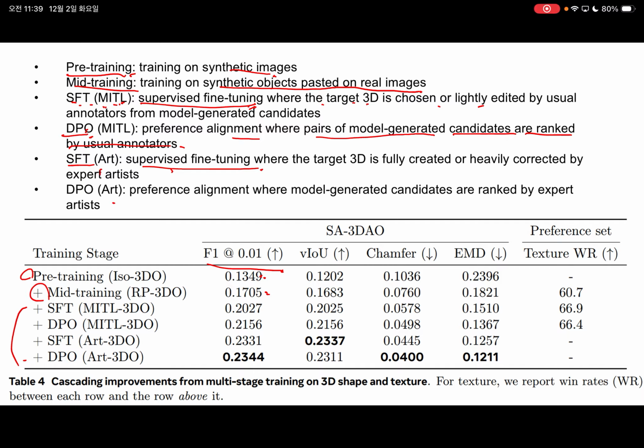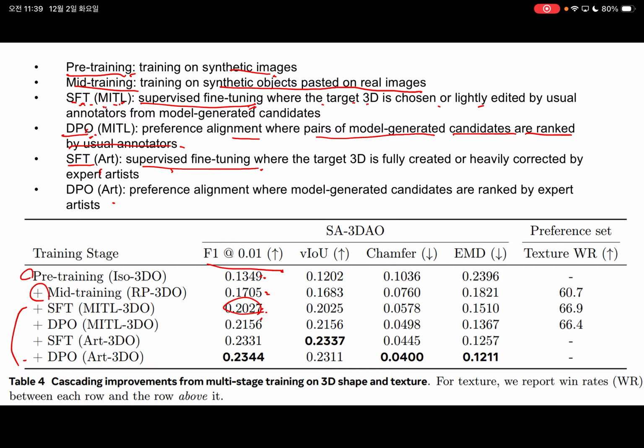All these things are done by expert artists. So for supervised fine-tuning, MITL, we have some chosen pseudo ground truths from model reconstruction and then use them for fine-tuning. It increases the F1 score. And then we have DPO.